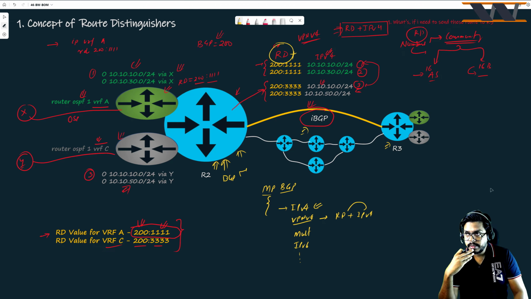But there are some recent developments in OSPF too, which can take some extra information. But yes, this RD plus IPv4, I do not see that. I think I need to check whether this is taken by OSPF version 3 or not, but I'm not sure about it. Definitely RIP cannot take it. EIGRP is not developed to do that.